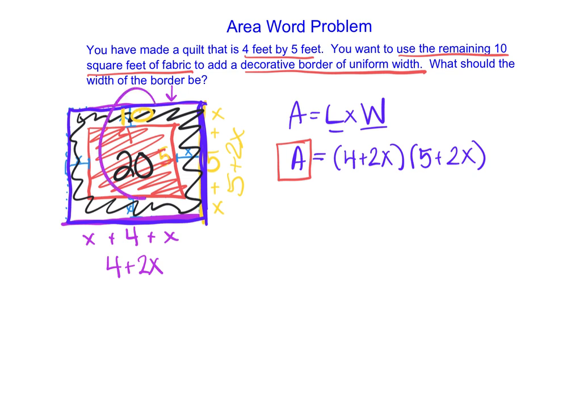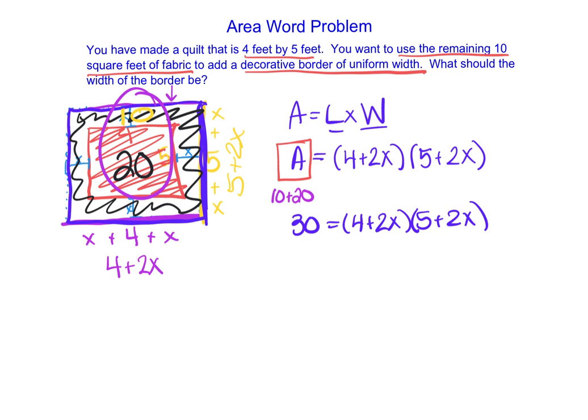So if I add those two values together, the 10 around the outside plus the 20 on the inside, I really have an area of 30. So I have 30 equals 4 plus 2x times 5 plus 2x. So that's the area of that really big rectangle.